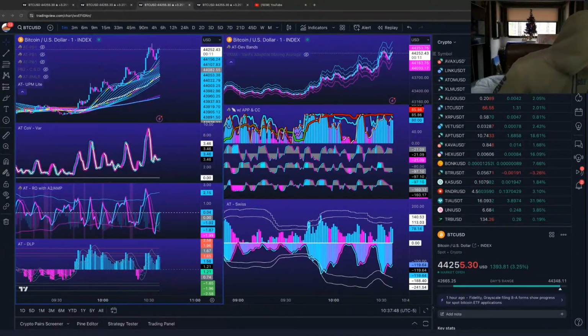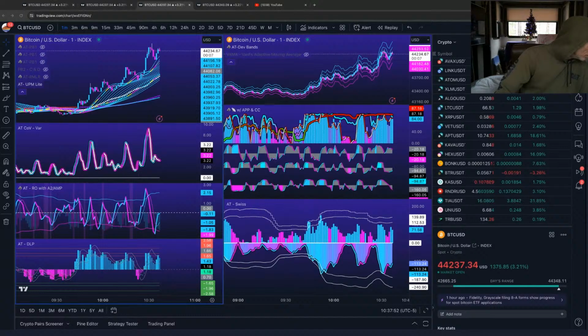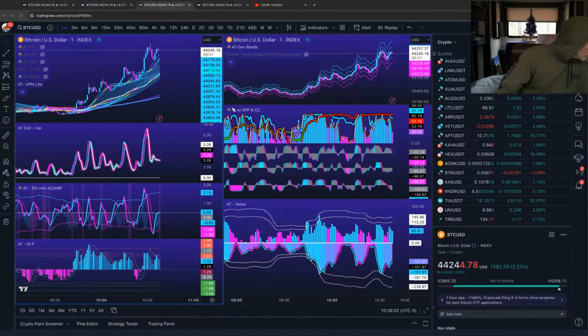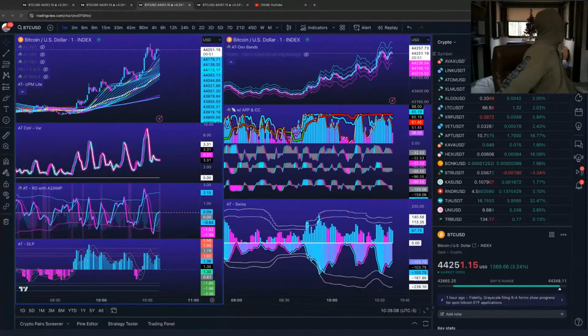DLP is looking like it wants to send it, so I think we're going to catch a hidden bull dip somewhere here. If we're looking at current price, I'd say minus $70 from here. I'll be looking for a hidden bull dip to form in between those. Who's hitting this thing? Is that the hidden bull dip? That technically is, but now I haven't learned. Don't give away.